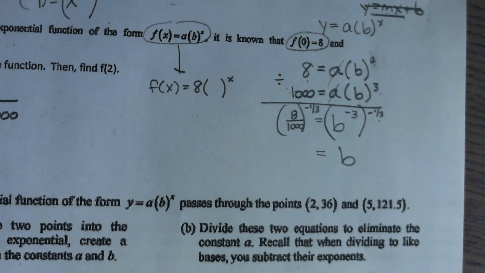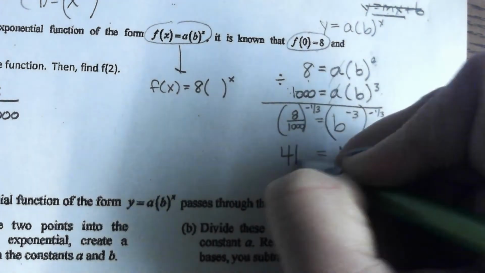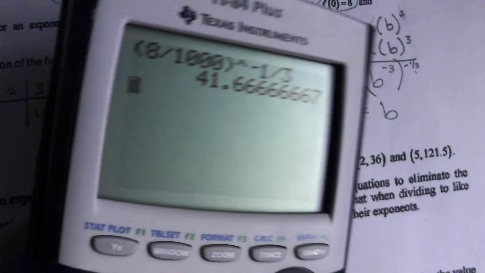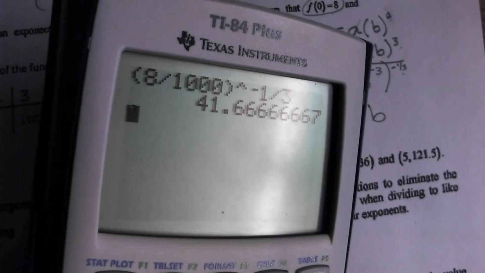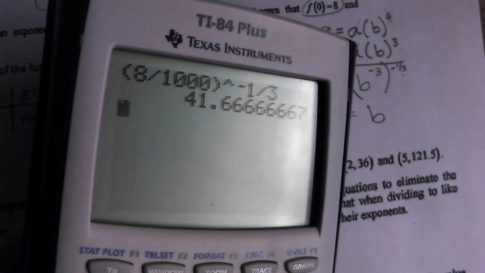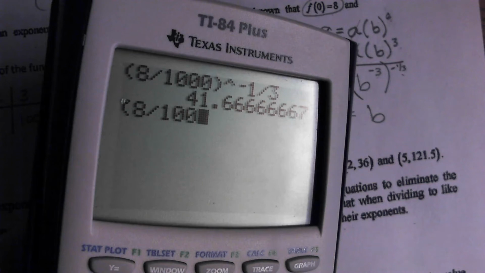Okay. And then just type in on your calculator 8/1000ths and raise that to the -1/3 power, and you get 41 2/3. Did everybody see that? Oh shoot, I lied. Do you see why mine's wrong? What did my calculator do?